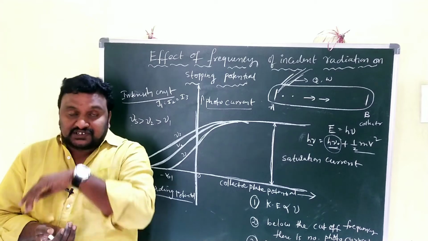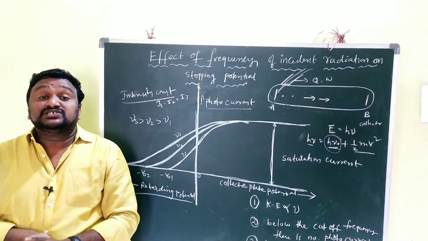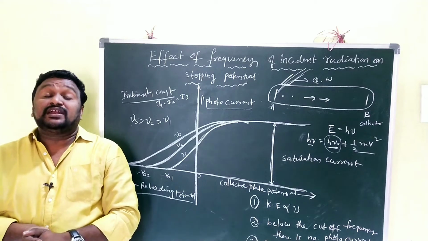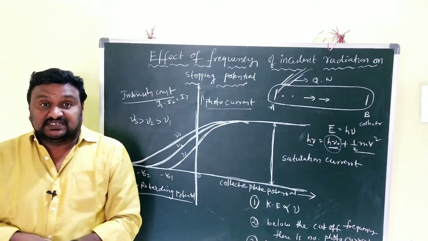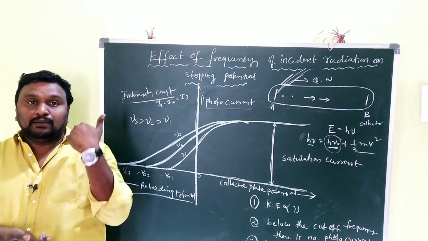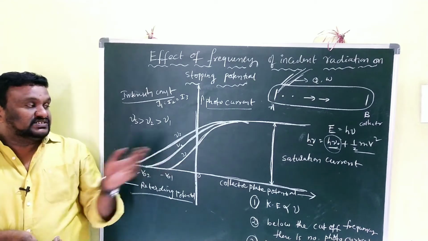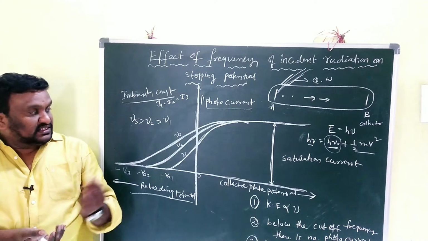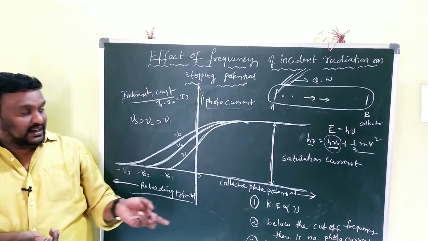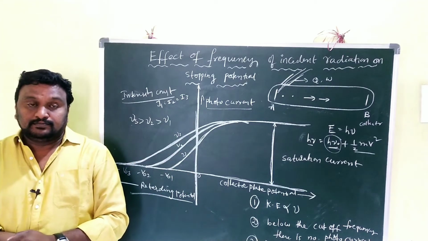Clear? And the next thing, children: different materials have different stopping potentials and different threshold frequencies. When we take only one material, one metal, the metal is the same but the frequency of radiation is different.